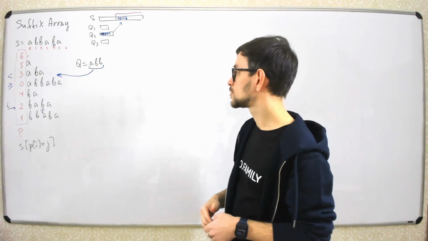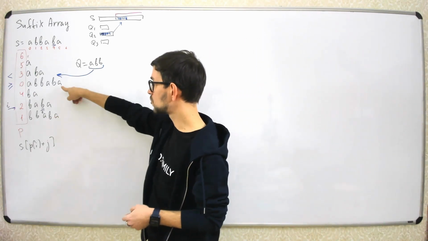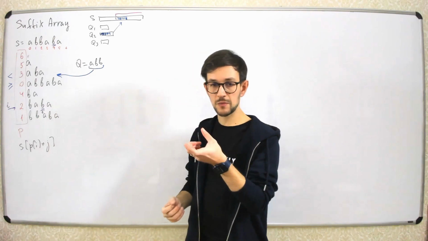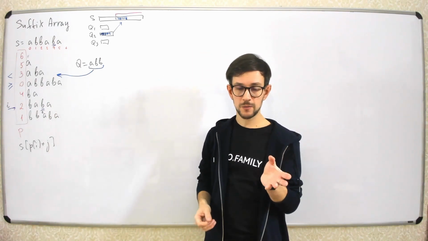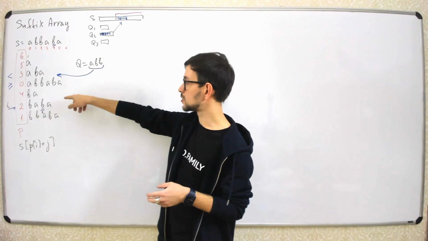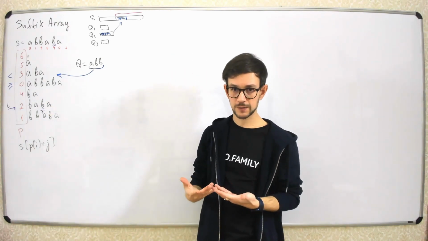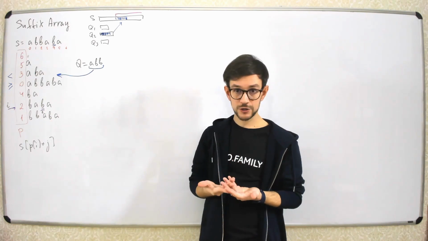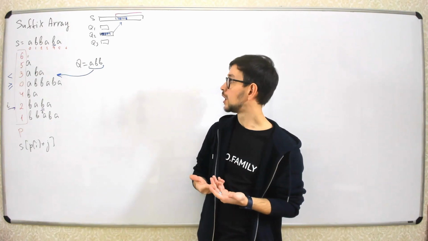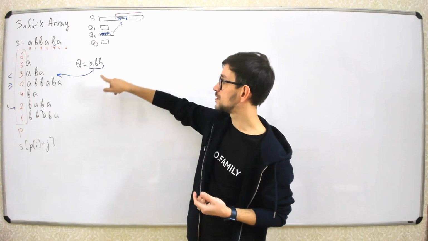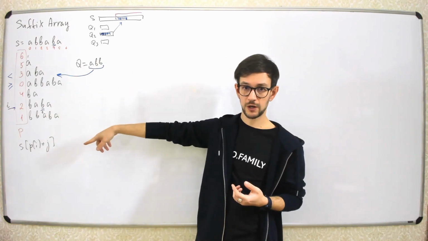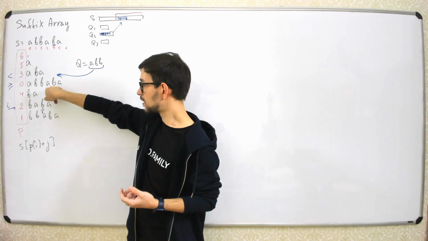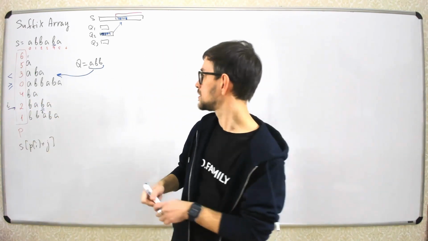And that's all. So now I claim that the first string which is greater than or equal to ABB must start with ABB, if we have any string starting with ABB. So we just make a binary search, trying to find this string Q in our suffix array. We'll find this position and the next string.